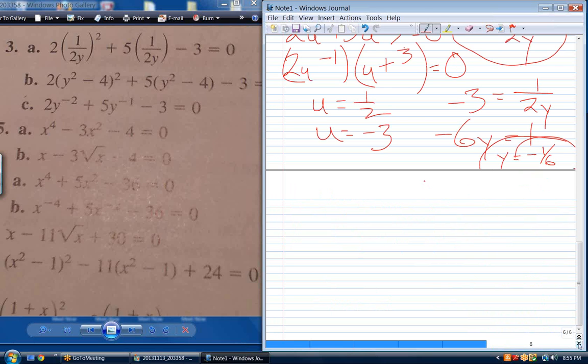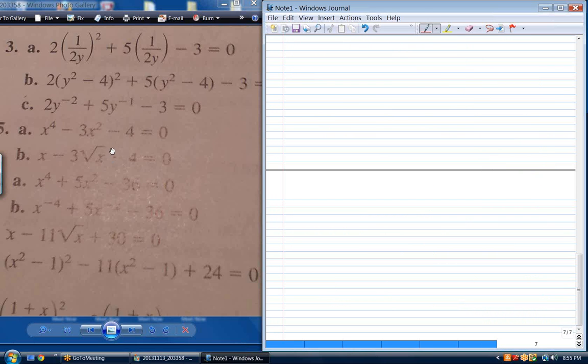Alright, 3b. Okay. U equals y squared minus 4. So the polynomial is the same polynomial.